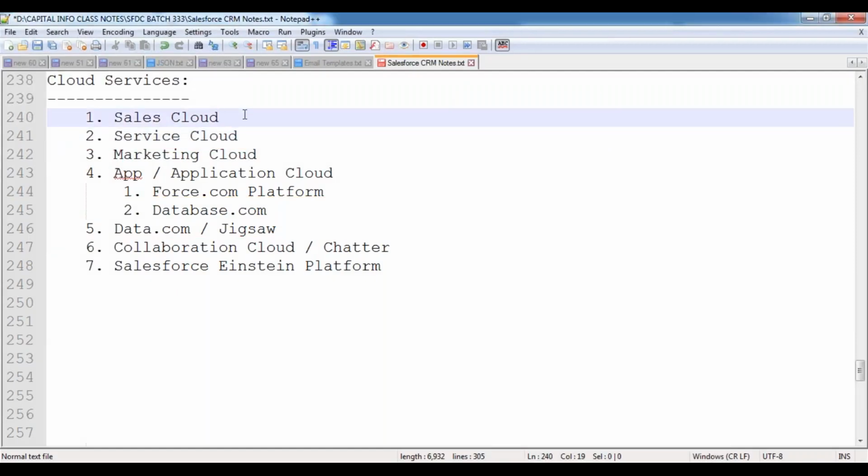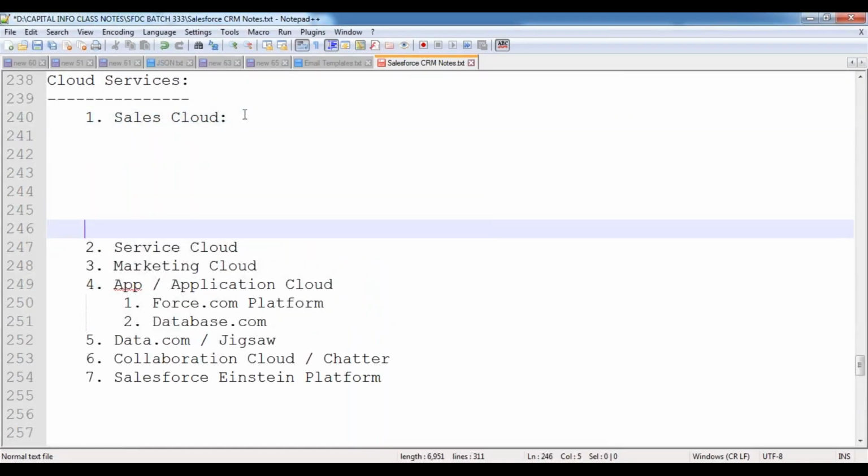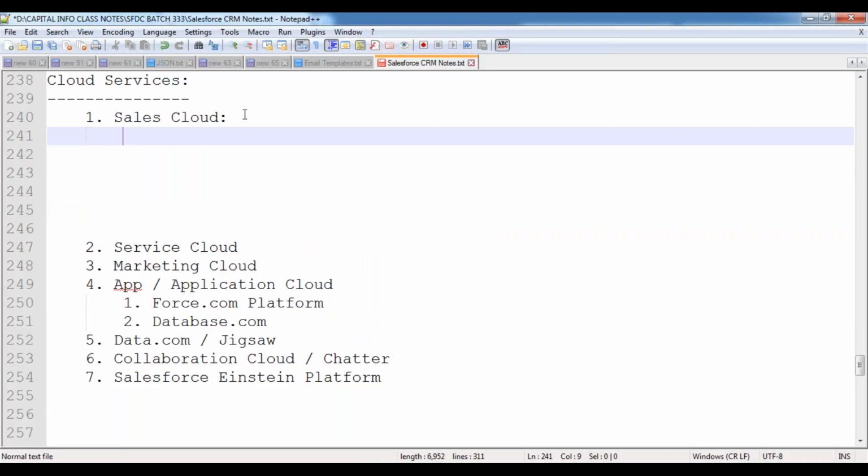Now, the first one, Sales Cloud. What exactly is Sales Cloud? Sales Cloud provides a set of features, a collection of functionalities, through which we can automate all the sales processes we follow inside our organization.